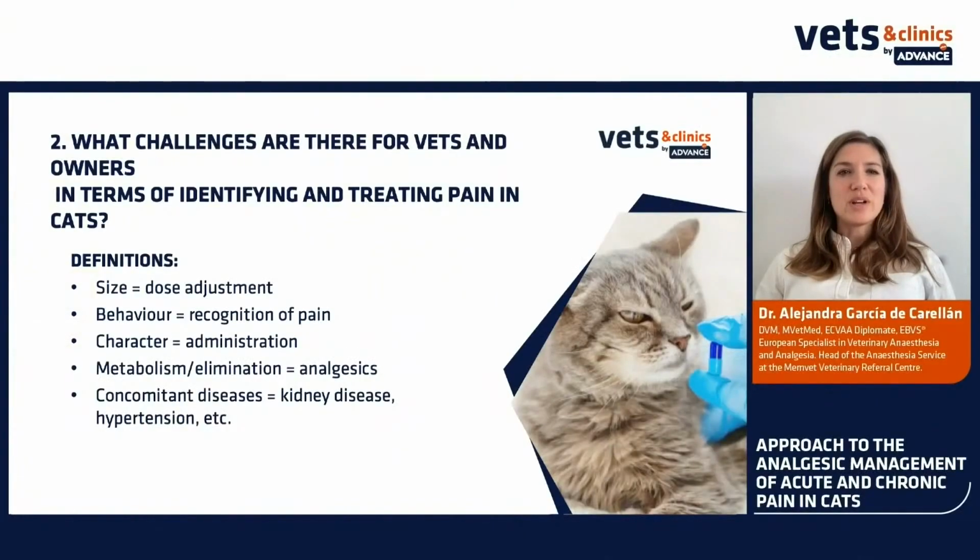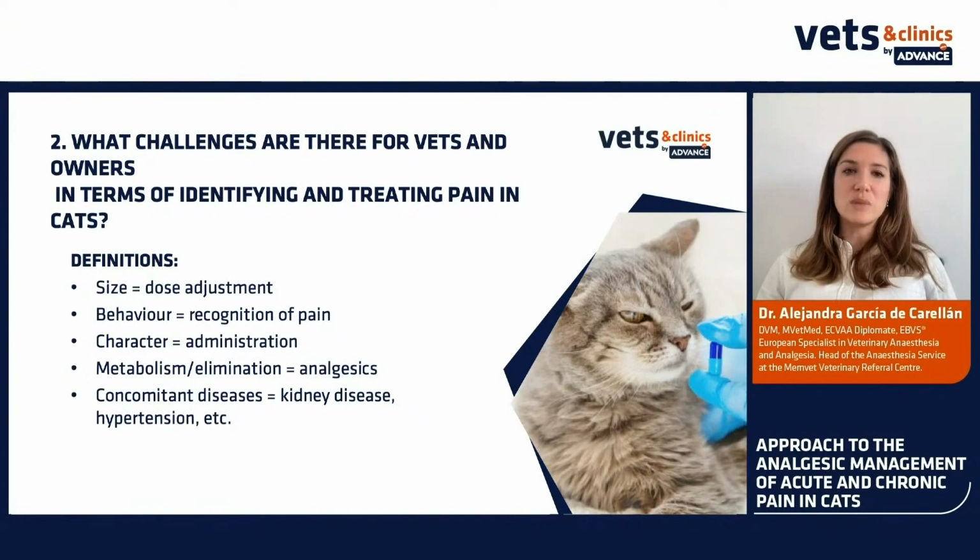So basically, we have a few problems with cats. One is the size of the cat, because some drugs are specifically for veterinary patients, and they are designed for cats, but others are not, especially for chronic pain treatments.